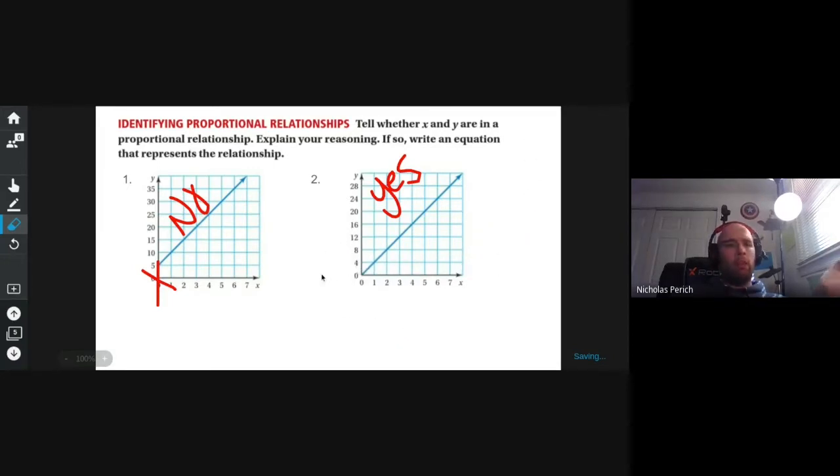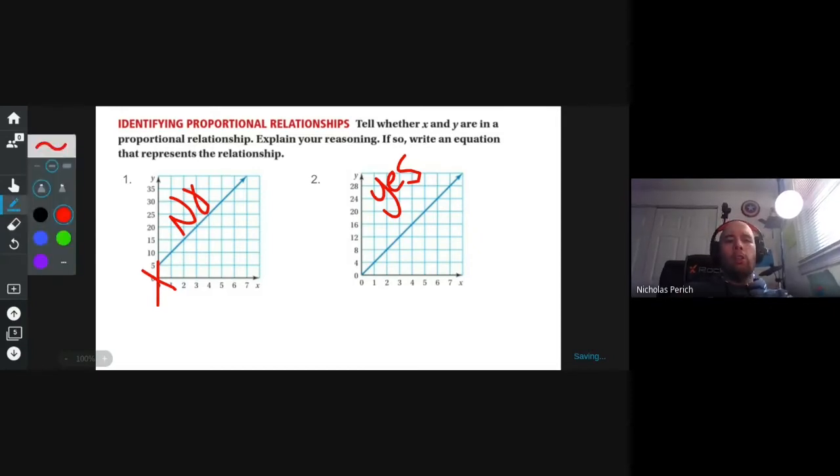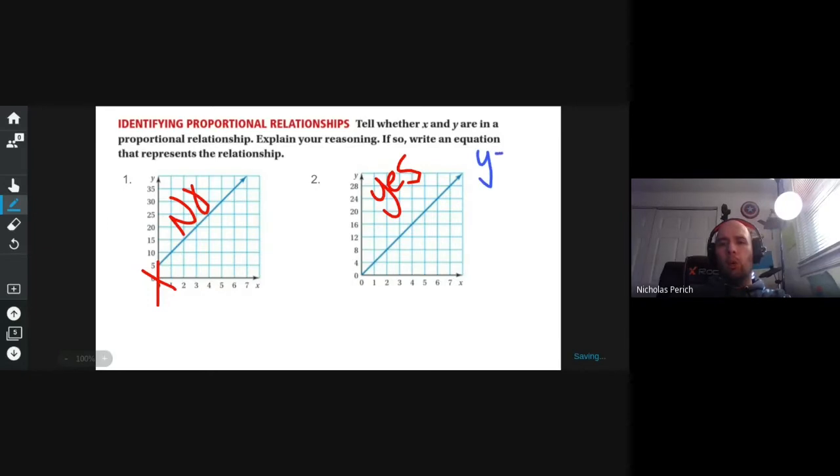This is asking me to write out an equation. The equation of a proportional relationship is y equals mx. It also said before that whenever x was 1, the y value, the other value, was going to be your m.